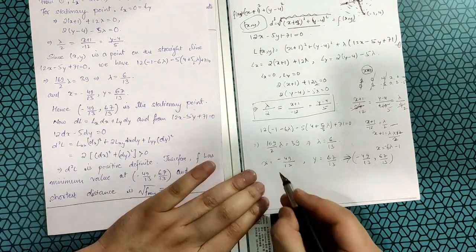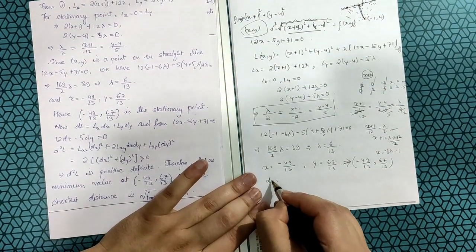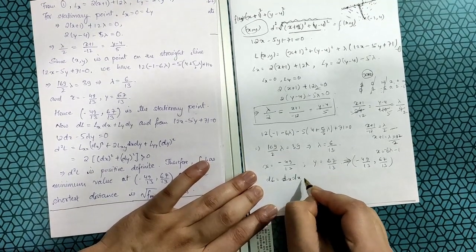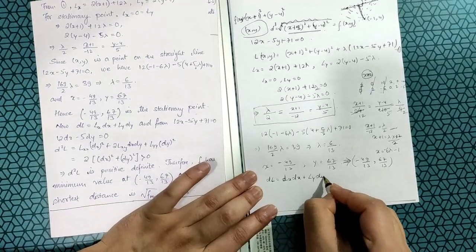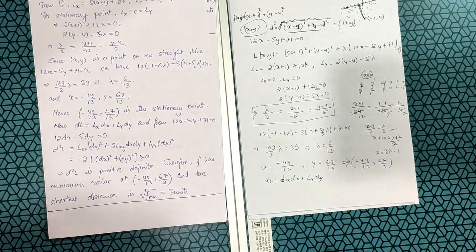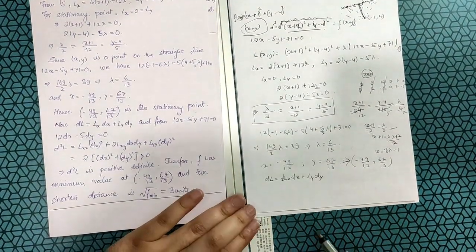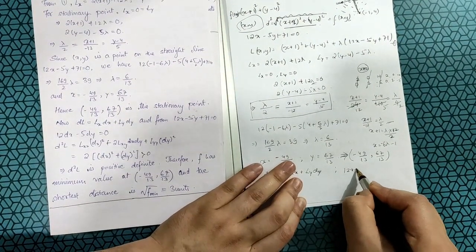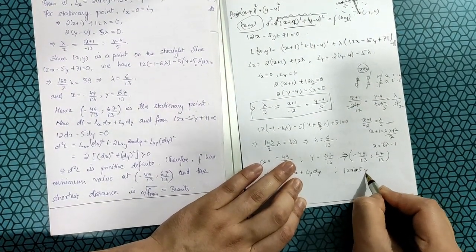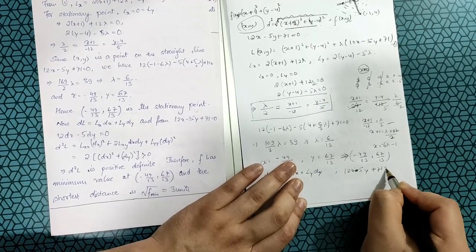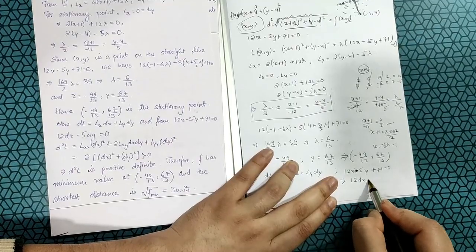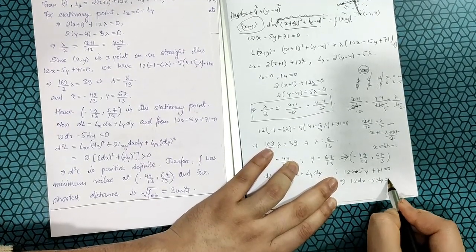So for that, again we go dL is equal to Lx dx plus Ly dy, right? And we had 12x plus 5 minus 5y plus 71 is equal to 0. So what we get is 12 dx minus 5 dy is equal to 0, right?